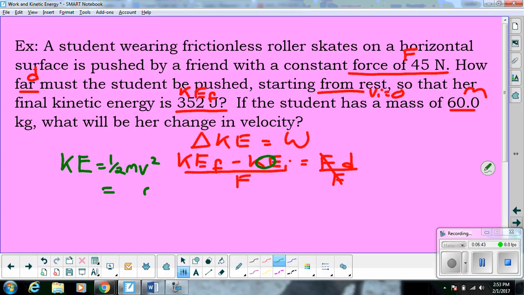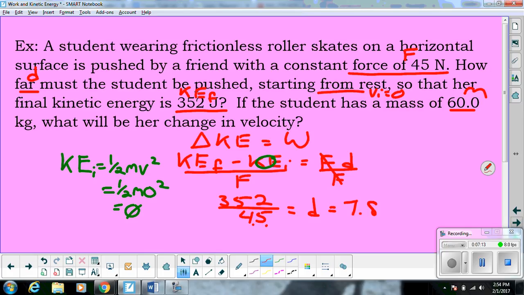If the velocity is 0, then the whole thing is going to be 0. So initial kinetic energy is 0 in this case. I know the final kinetic energy is 352, and I know my force is 45. And that's going to give me the distance. When I divide that out, rounding to 2 sig figs, I get 7.8 meters. So that's how far the friend pushed her on her roller skates.